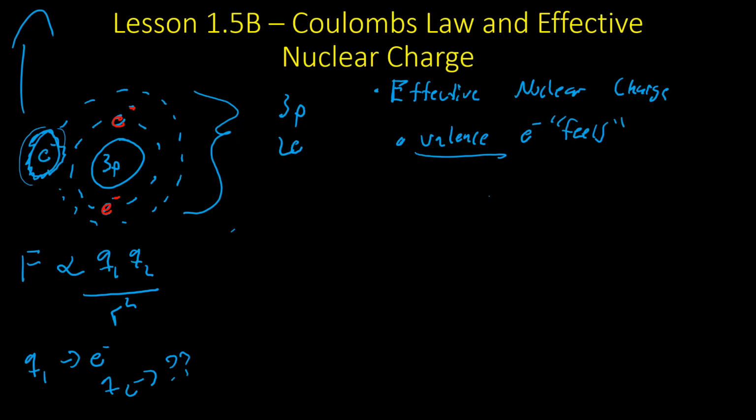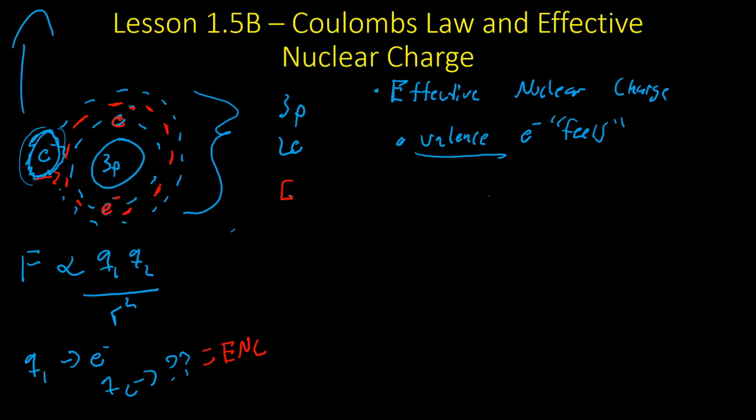Shielding says that you can actually add these values and cancel them out only if they are inside that region. So if we're removing this electron, we have to look at everything inside of this electron. Then Q2 is actually going to be your effective nuclear charge.